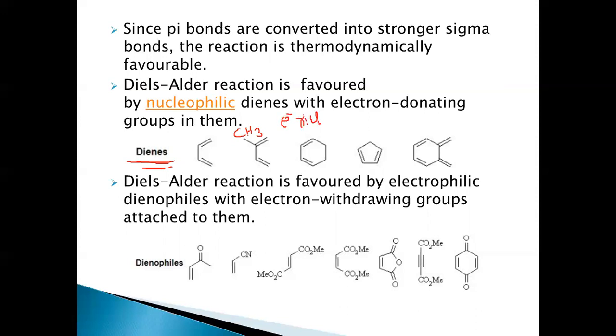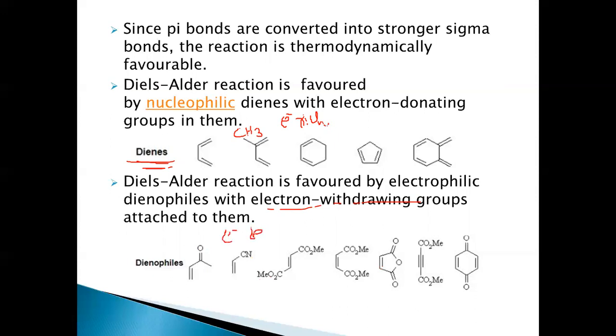And the dienophiles which have electron withdrawing groups, see, all the aldehydes, ketones, or the cyano or the nitro groups which are present on these dienophiles favor this Diels Alder reaction. Electron withdrawing groups mean that we are making this electron deficient.